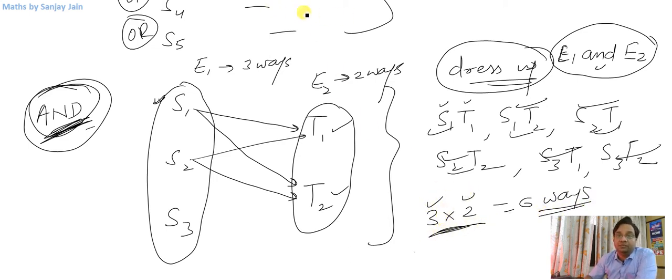Earlier what I did was I had 5 options, 1 plus 1 plus 1 plus 1 plus 1, so I added those and got 5.